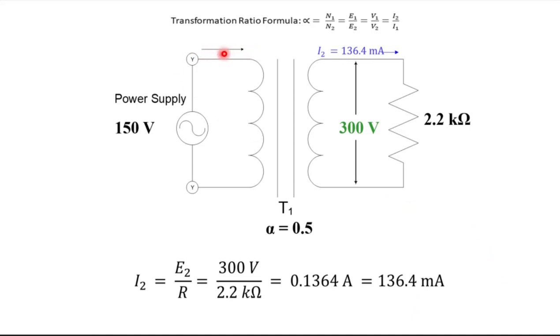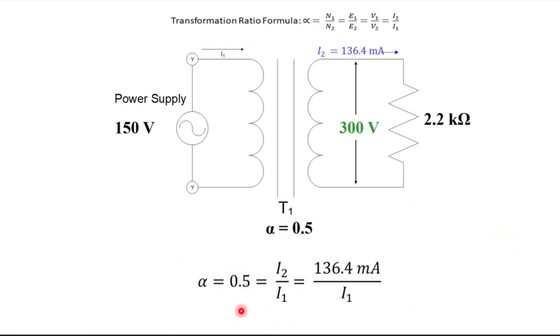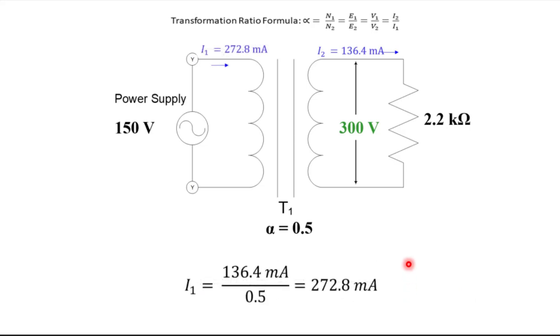To get this, I can do this formula here for the transformation ratio, and I get that. And another way I could have done this, if you think about this, once I had this voltage and this current, I could have multiplied this voltage by this current, and I would have got the power in the secondary.